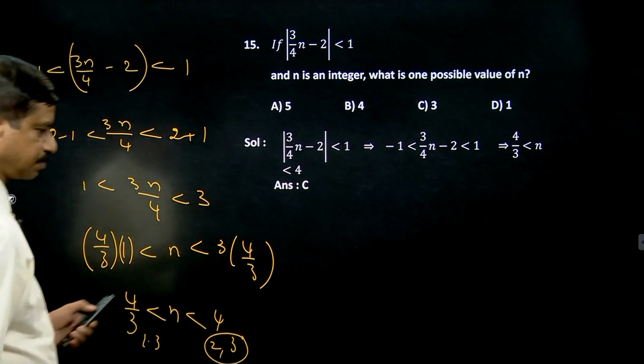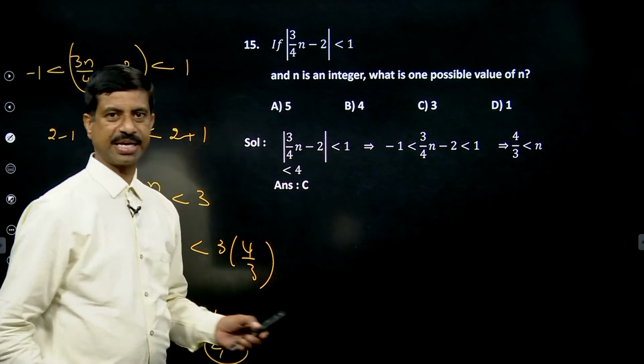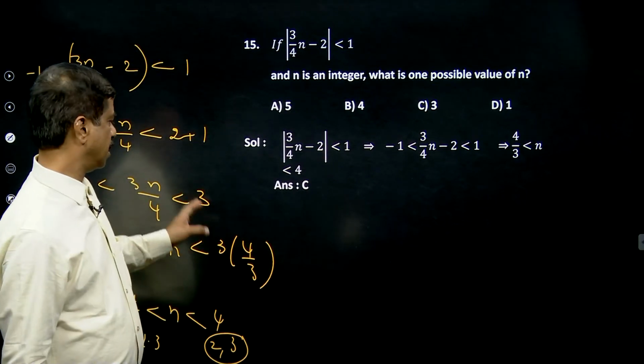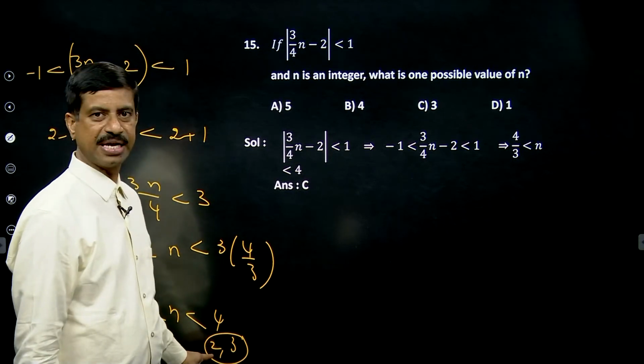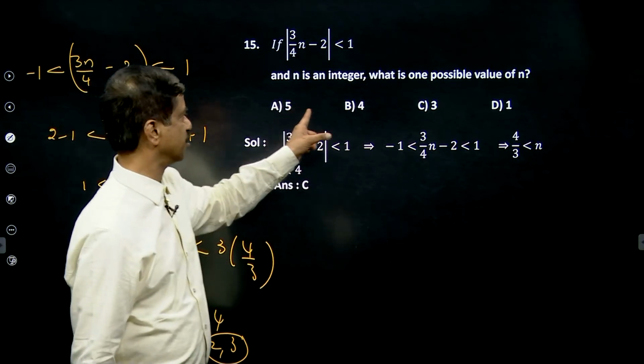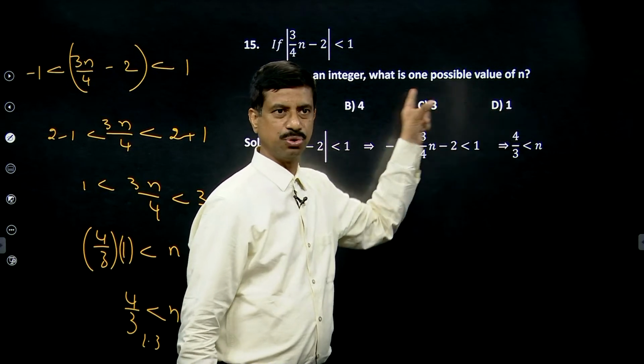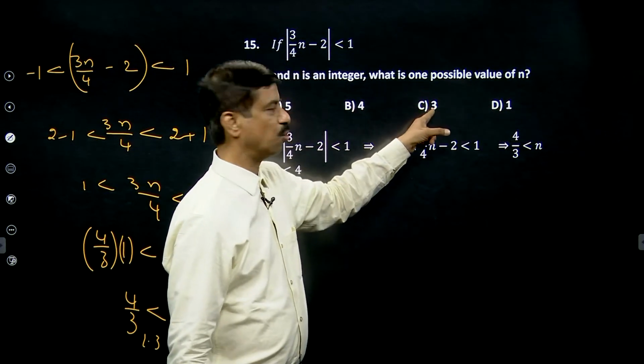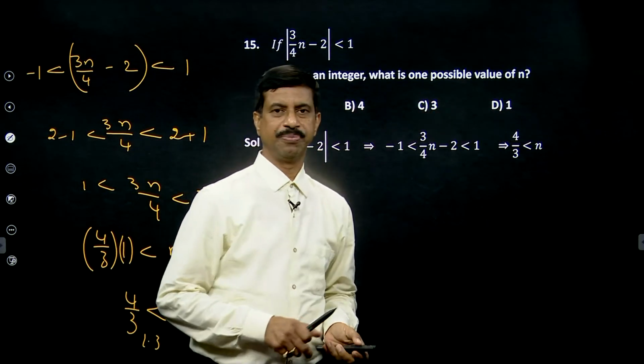Right, children? So please be careful in selecting. Generally the confusion that arises is between 2 and 3. Here we don't have 2, therefore we will pick only 3. Right, children? So let's go to the next question now.